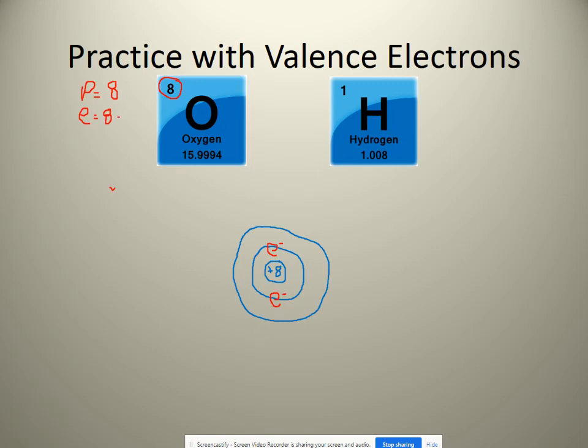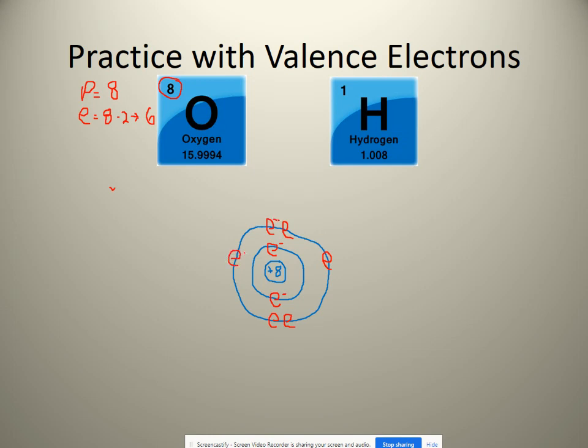Okay, so if I subtract 2 from my first electrons, I now have how many left over? 6. Okay, so I'm going to put in my 1, 2. This time I'm only going to put 1 on this one because you're supposed to actually fill here, bottom and top first, and then you fill the sides with 1 each.